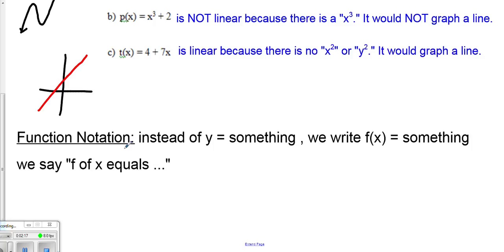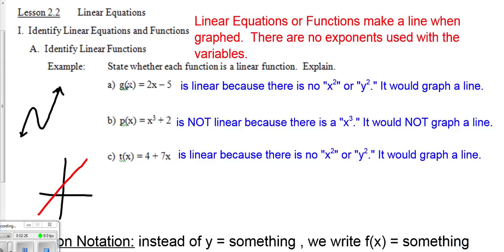For function notation, instead of y equaling something, we can always write f of x equals something instead of the y. So all of these are written in what's called function notation: g of x, p of x, t of x. If you hear things asked to be written in function notation, basically it just says instead of y equals, use f of x equals, or g of x, or p of x, or t of x.